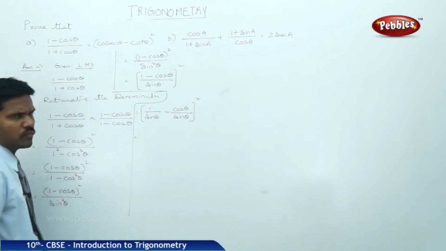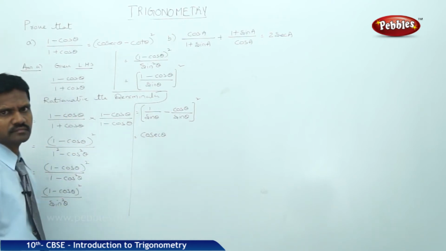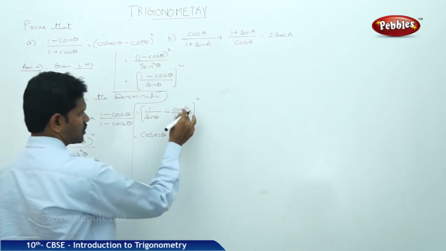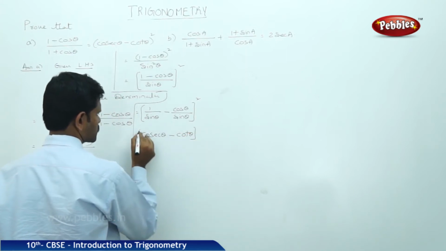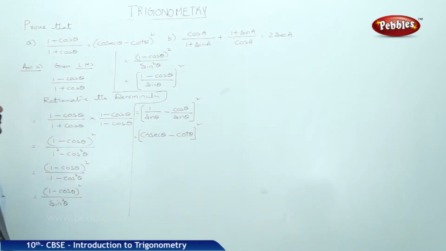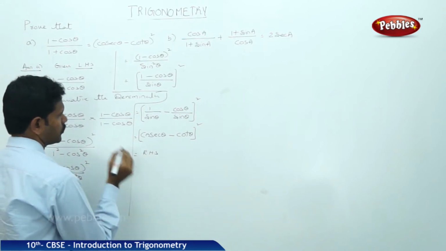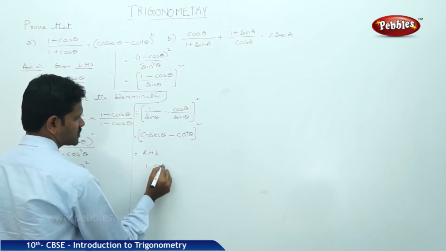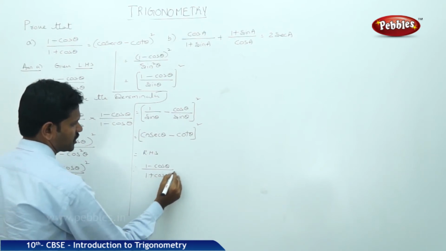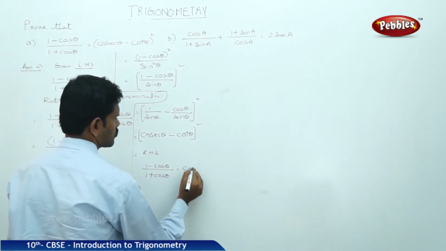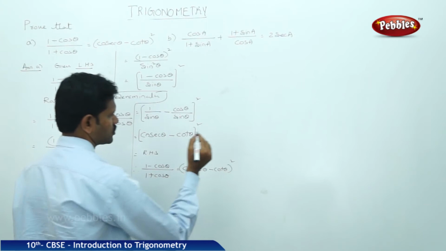From the definition, 1 by sin is cosecant theta minus cos by sin is cot theta whole square, which is RHS. Therefore 1 minus cos theta by 1 plus cos theta is equal to cosec theta minus cot theta whole square.